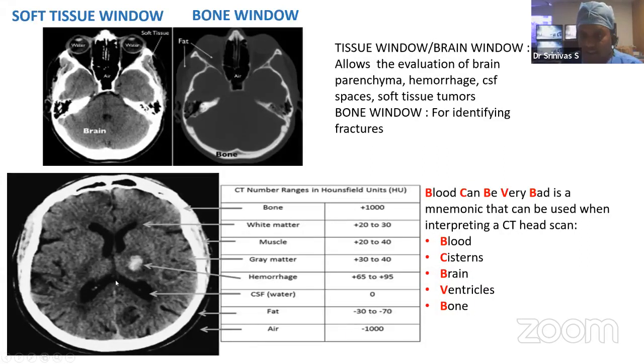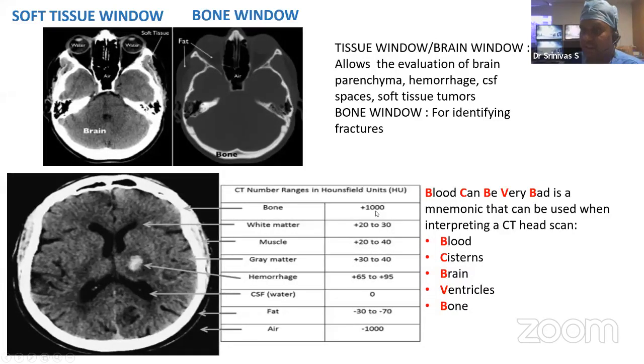All the structures which are very black in color are water, or the Hounsfield unit is zero. That means the ionizing radiation which passes through the head will pass very freely and gives a Hounsfield unit of zero. If air is present, it is more freely accessible to the X-ray beam, so it has a Hounsfield unit of minus 1000, and the bone, which doesn't allow any penetration of the ionizing radiation, has a Hounsfield unit of 1000.